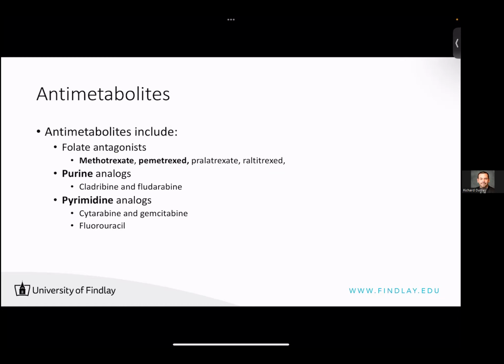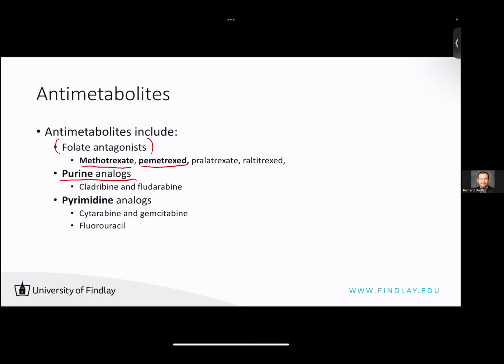Now, clinically relevant antimetabolites include drugs that are categorized as folate antagonists. This includes methotrexate and another drug called pemetrexed. These are folate antagonists that interfere with the processing of folic acid, and we're going to spend some time revisiting that. We also have drugs that are referred to as purine analogs, cladribine and fludarabine.